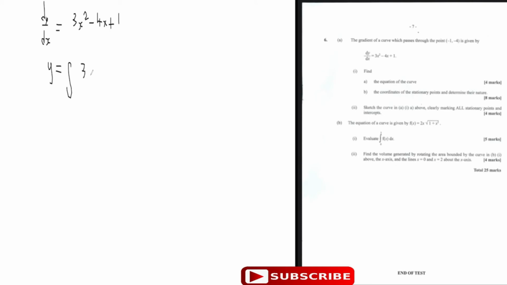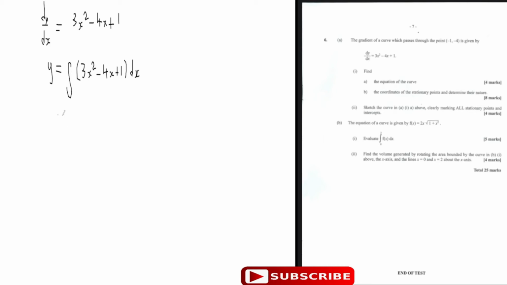So y is equal to the integral of 3x squared minus 4x plus 1, that's dy by dx, dx. That is y.